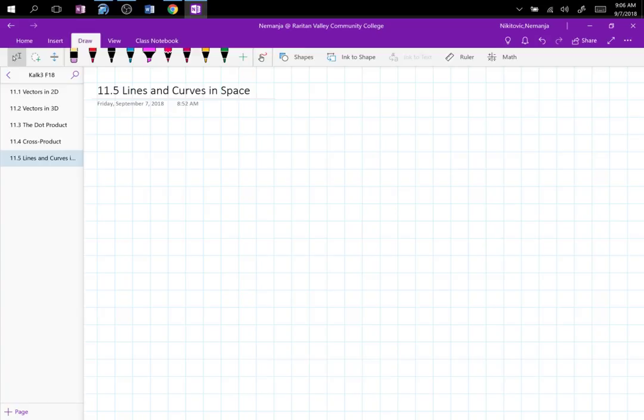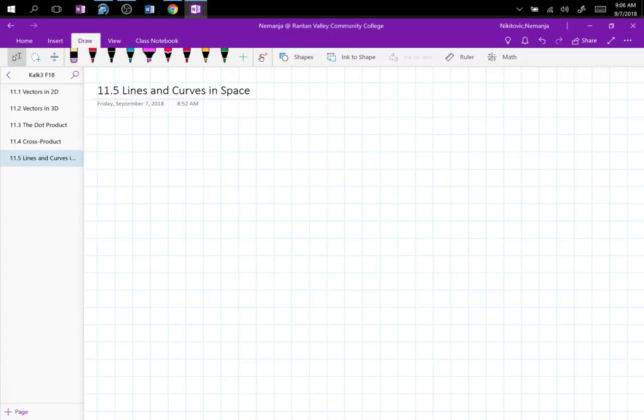So also a straight line which could be oriented in any way in space. So what do we do, or how do we get those equations so that we can do more math later on?